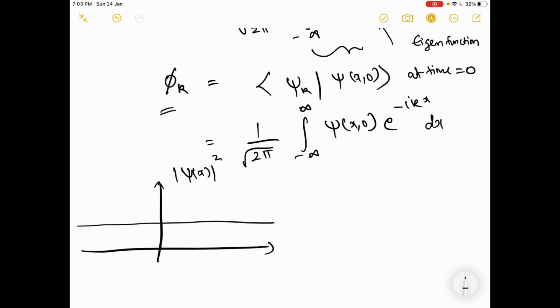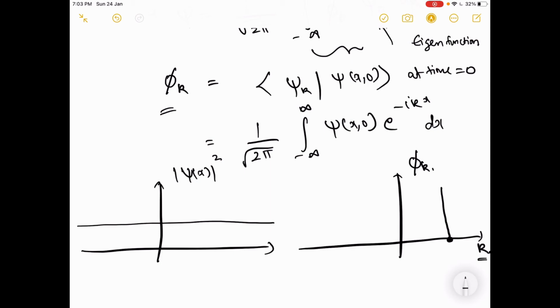If this is psi of x, extending to infinity, then its Fourier space will be a single line, psi k at a single k.